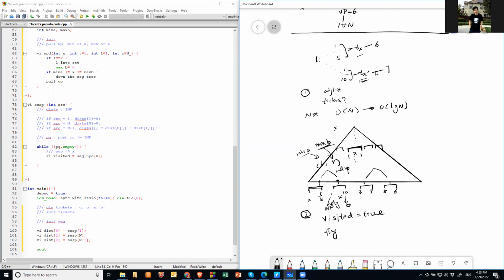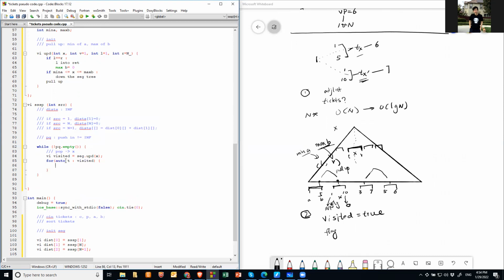When you find the list of those tickets, then for each ticket, let's call it T, you do the standard thing, right?